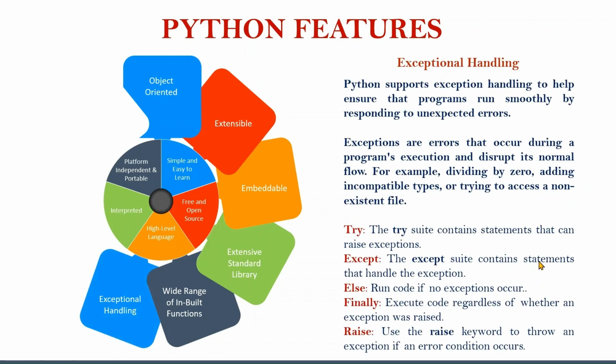Now coming to the next one, we have exception handling. Whenever any exception occurs, your program is going to stop. That is called an abnormal condition, then obviously the program is going to stop.